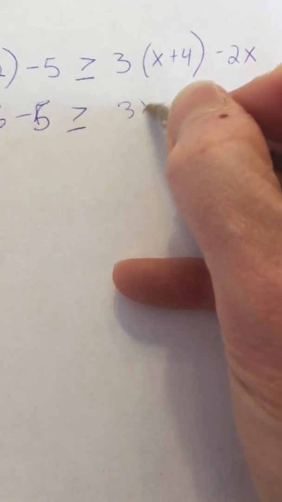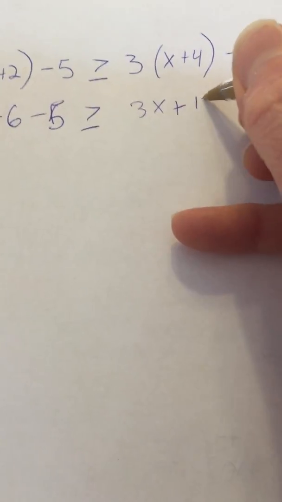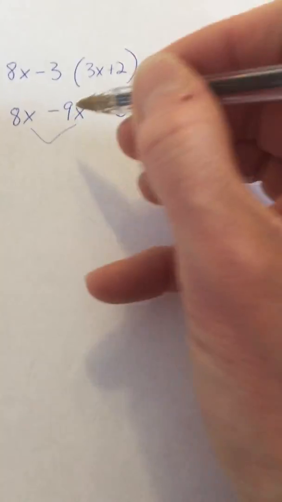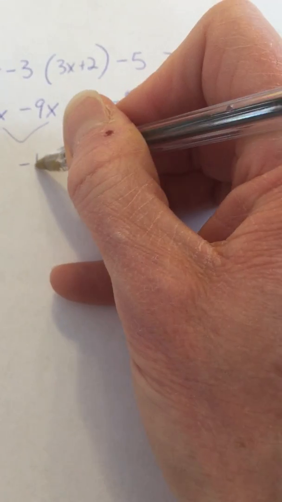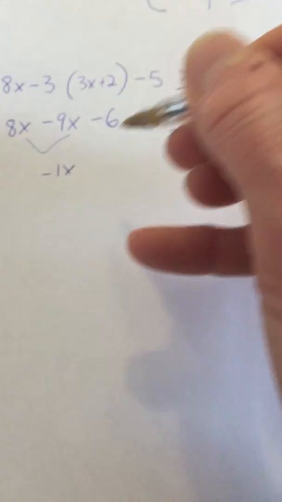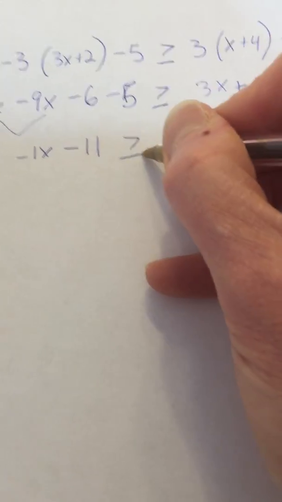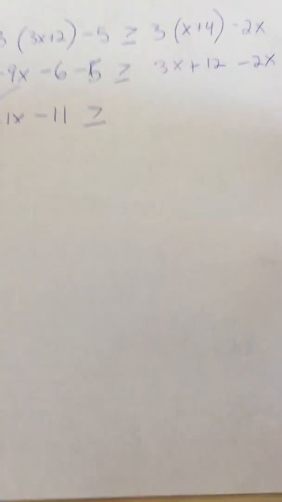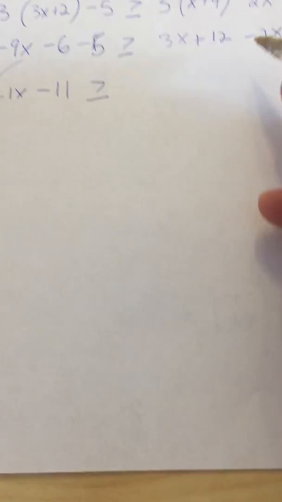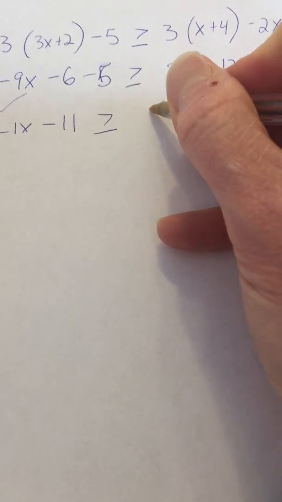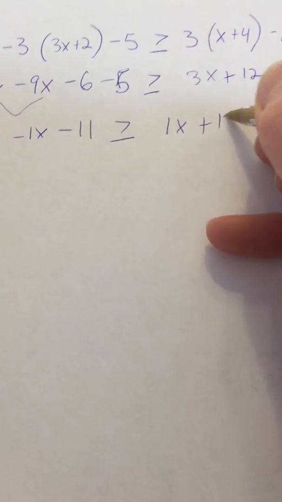So now I have 3x, and I have 12, and then I have this negative 2x. These guys are going to leave me with a negative 1x, and then these guys are going to be a negative 11. Then this is going to be a negative 2, or take away 2 and plus 3. So I'm going to have 1x left here and 12.